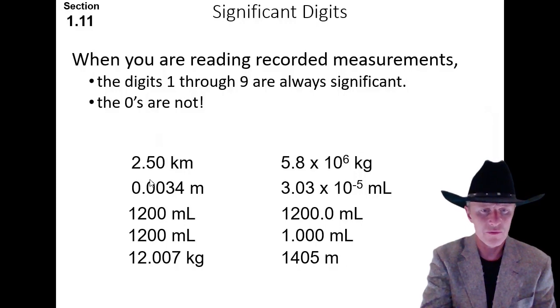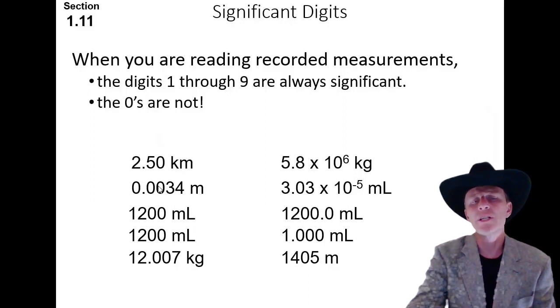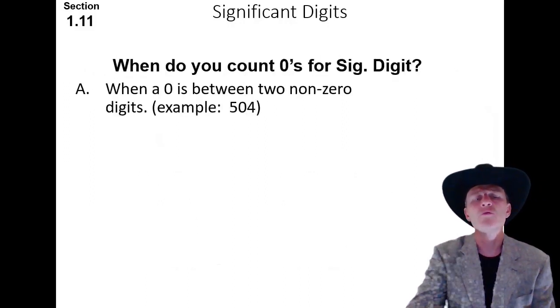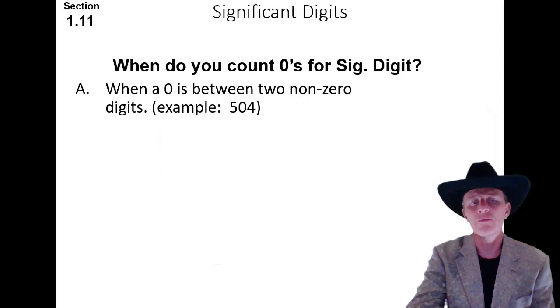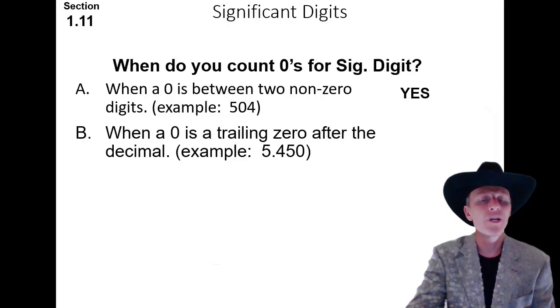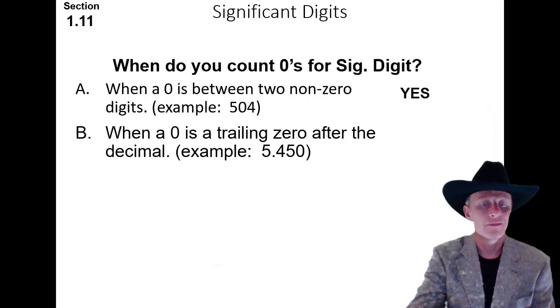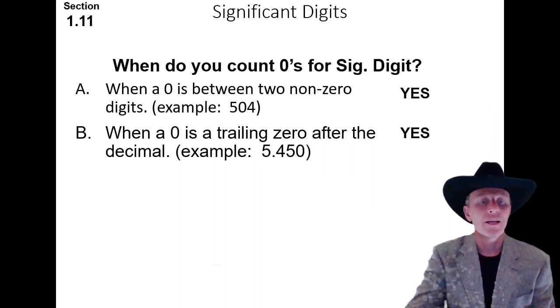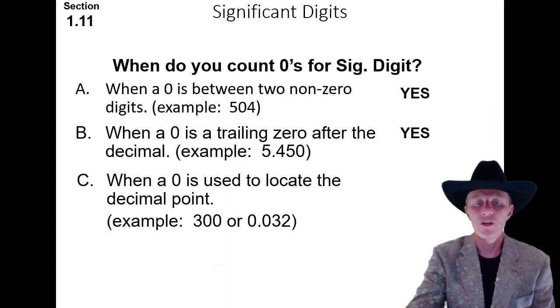So right here, 3 in a row, you don't count those zeros. So what makes those ones you don't count? Well, let's look at my rules. When do you count zeros? When a 0 is between 2 non-zero digits, count it. That's like 504. When a 0 is a trailing 0 to the right of the decimal, count it. Here is the rule. This is the one you don't count.